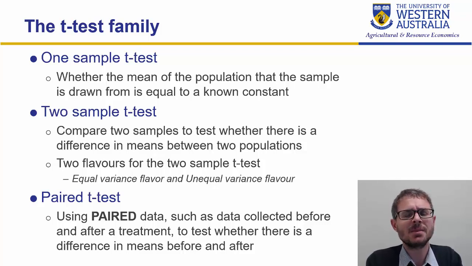You're measuring happiness or something, and you have people in couples, so there's a structural link between males and females in that sense. It doesn't just have to be before and after. In the sciences, it tends to be before and after, and most of the examples that I've ever come up with are of that flavor, but it's certainly more general than that.